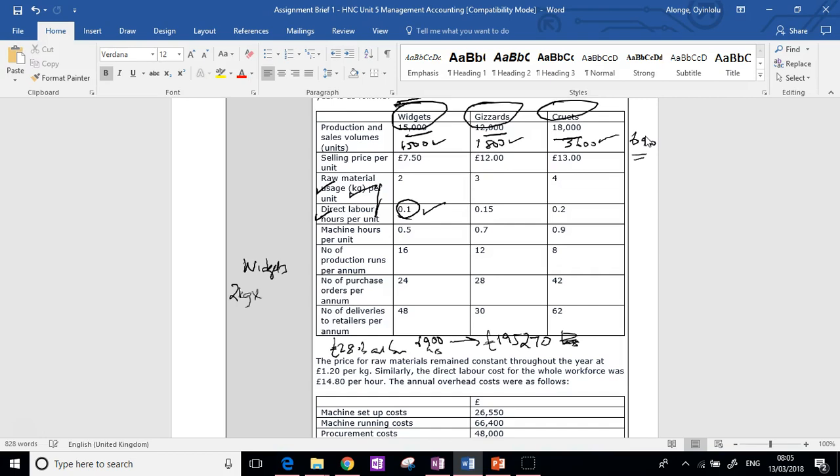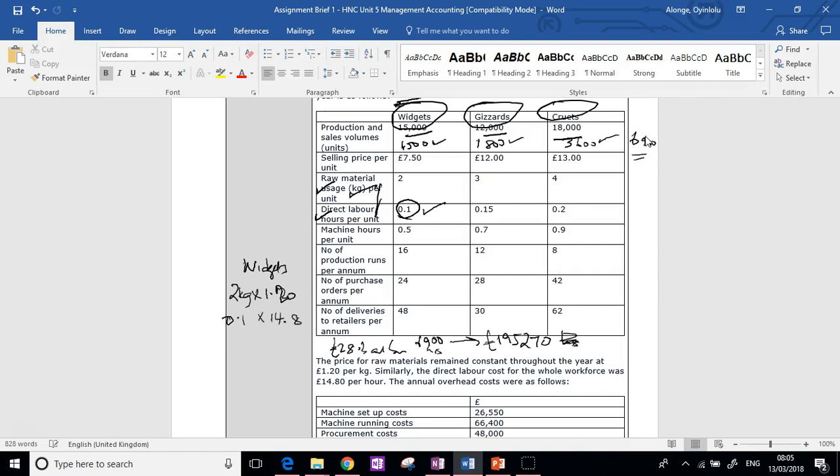So my material cost is 2 times £1.20. My labor cost, well, I use 0.1, a tenth of an hour, 6 minutes, and it tells you to pay £14.80, so that's 0.1 times 14.8.